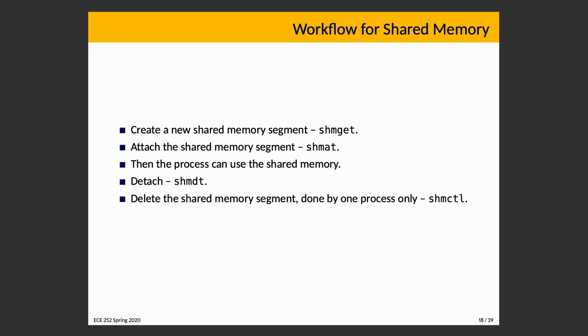Then you can use the shared memory as if it is regular and ordinary memory. Then when you are done with it, there is detach. And you detach from the shared memory automatically if your program exits. If it dies, there's a segmentation fault and it dies, then you automatically detach from shared memory. And when you are absolutely sure that you no longer need the shared memory segment at all, and it's done by one process only, use the shared memory control function to delete it.